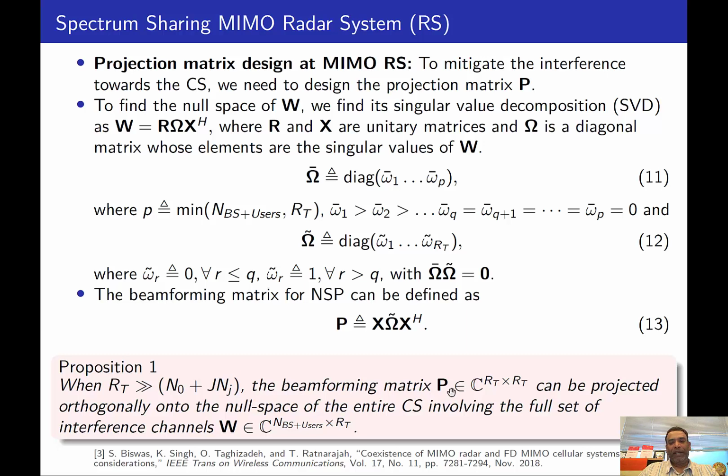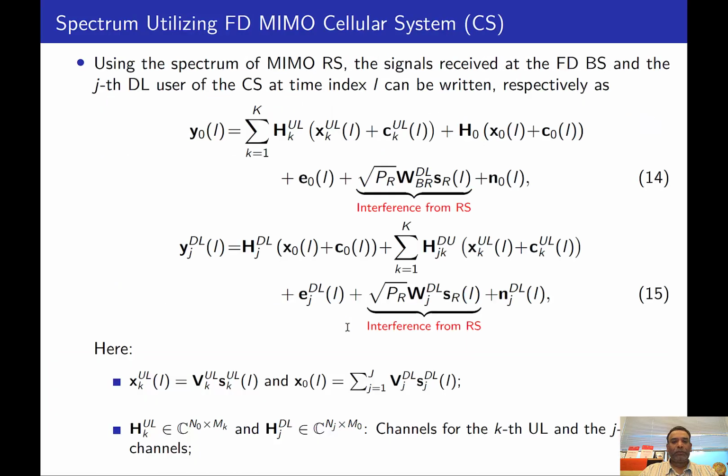So the beamformer matrix P, RT by RT, where RT is the transmit antenna at the radar, can be projected orthogonally onto the null space of the entire cellular system involving the full set of interference channels. So this is the way you obtain the projection matrix P.